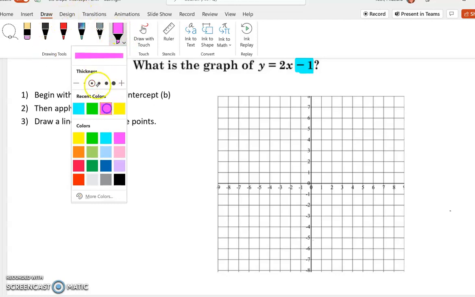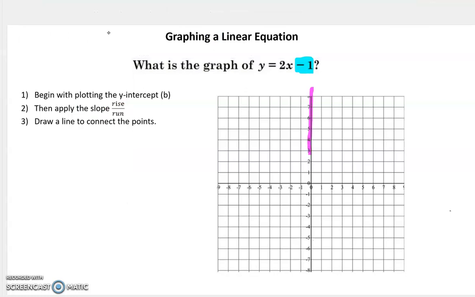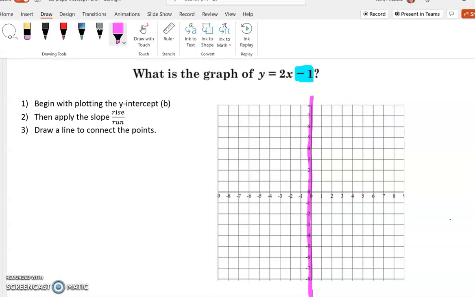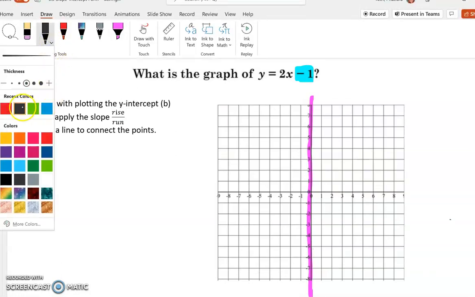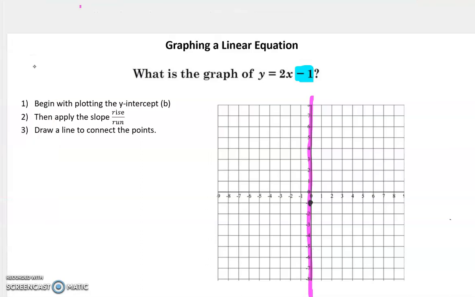Okay, so the y-intercept is this, the vertical line. So our point is going to go on that line. We're going to go to -1, which is right here. We're going to put our point here. All right. Now, I'm going to get rid of this purple.